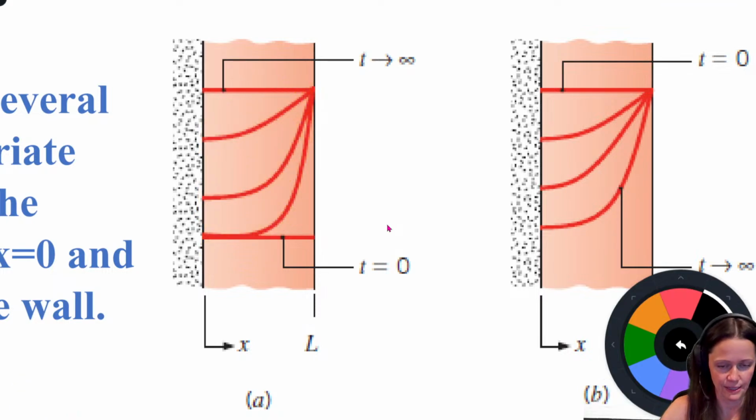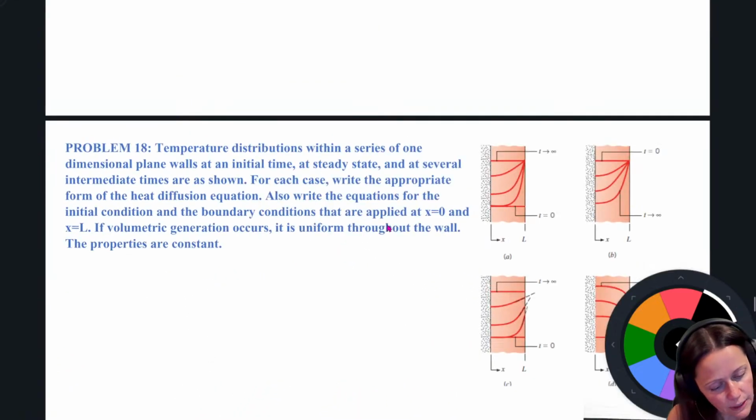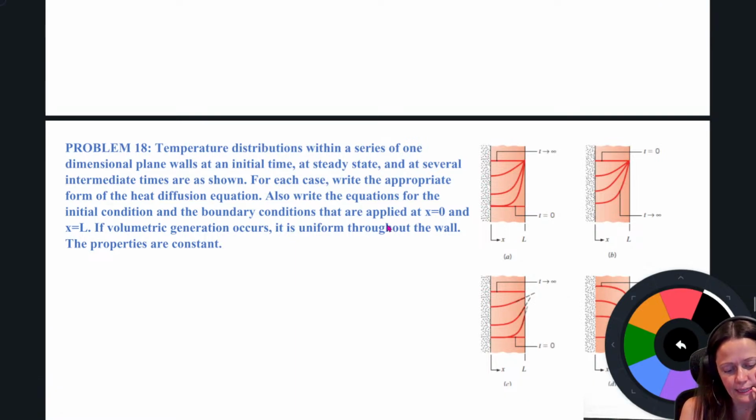So that's the verbiage, what that means. But we want to write for each case the appropriate form of the heat diffusion equation. And we want to write the equations for the initial condition and the boundary conditions that are applied at x equals 0 and x equals L. If volumetric generation occurs, it's uniform throughout the wall and the properties are constant.